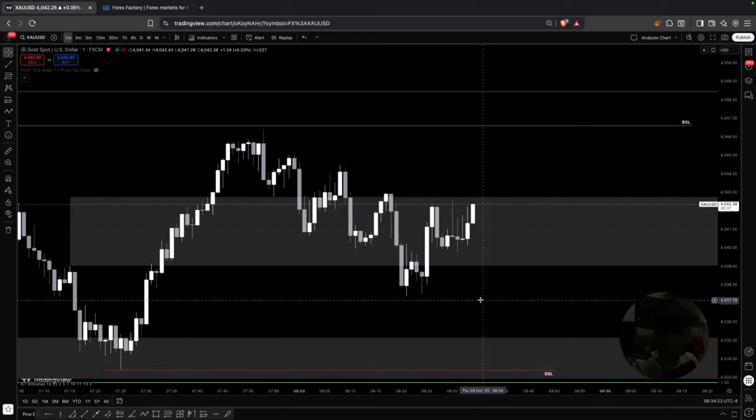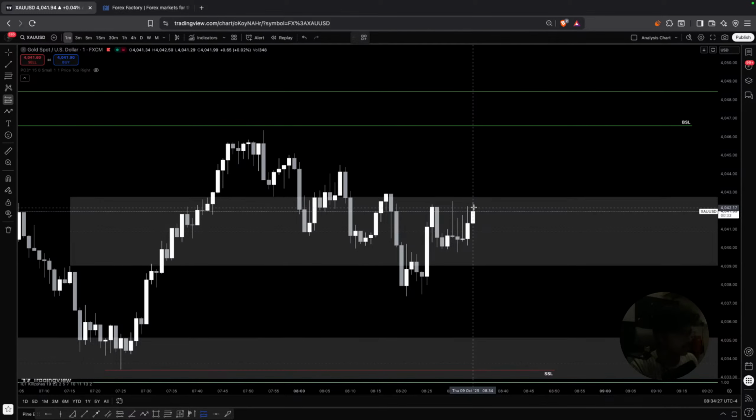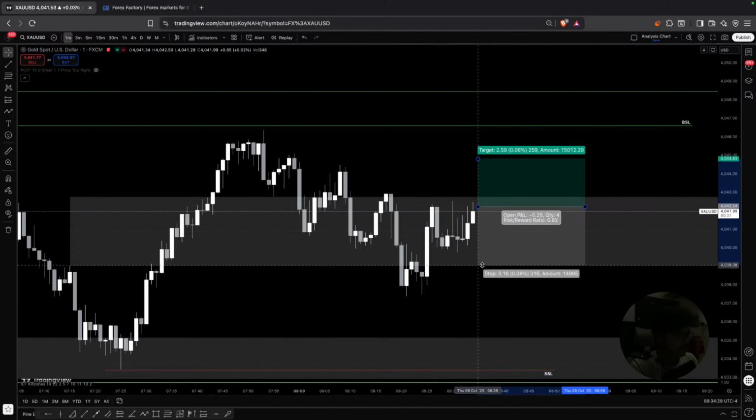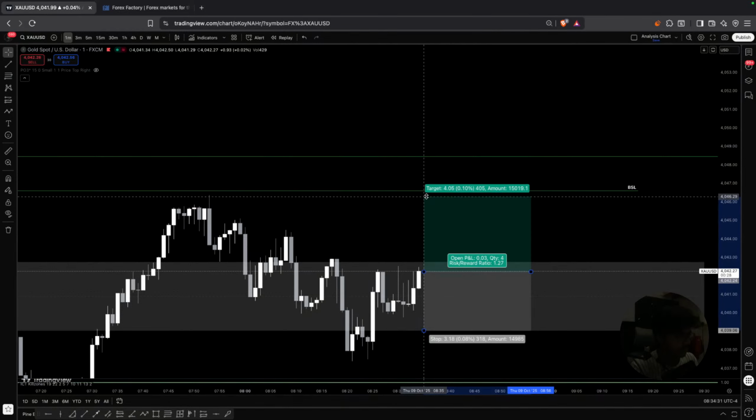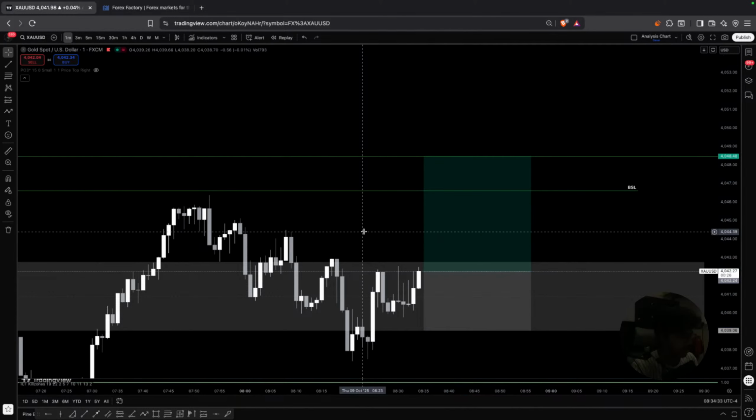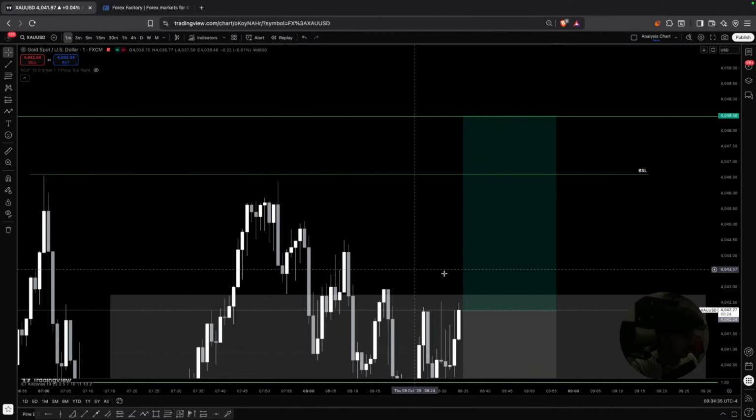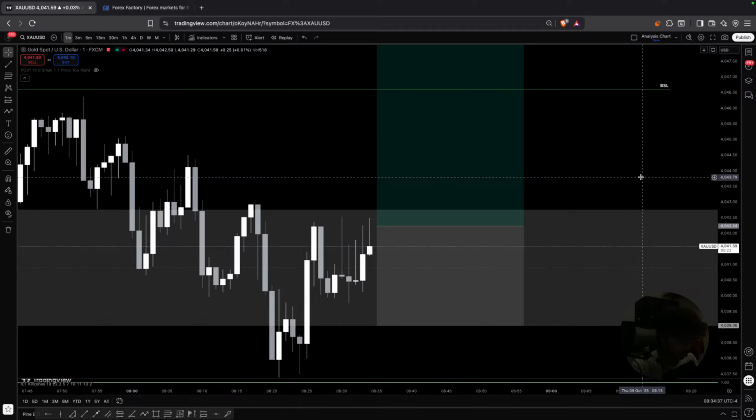Okay, let's wait for the market structure shift, and we can target whatever all these things are, for education purposes only. Target this level. Not yet. Don't enter yet.